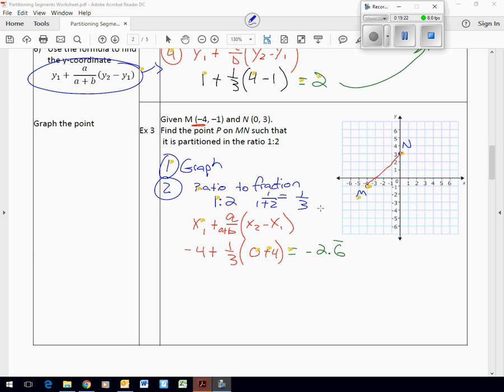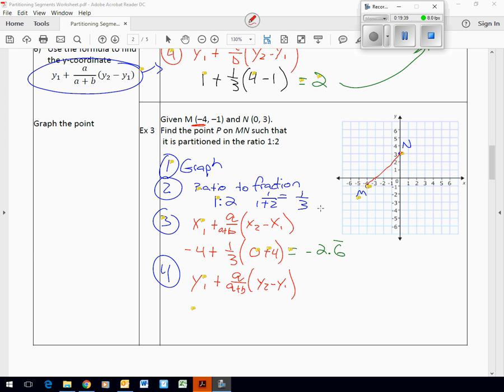Let's do the same thing with the y's. Step 4, do the same work with the y's. Y1 plus a over a plus b, Y2 minus Y1.